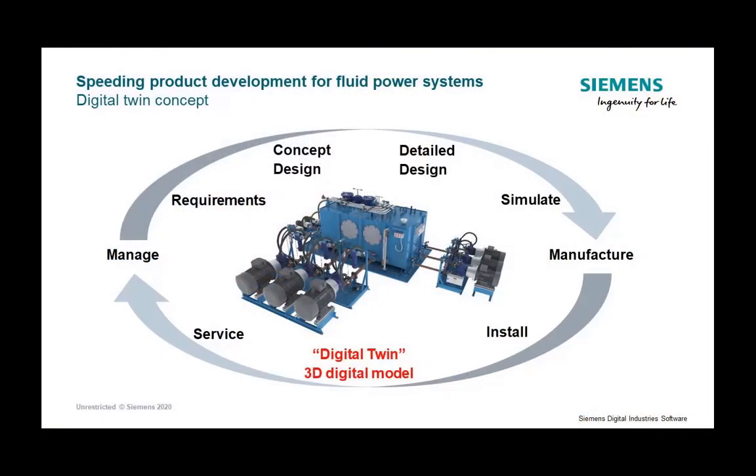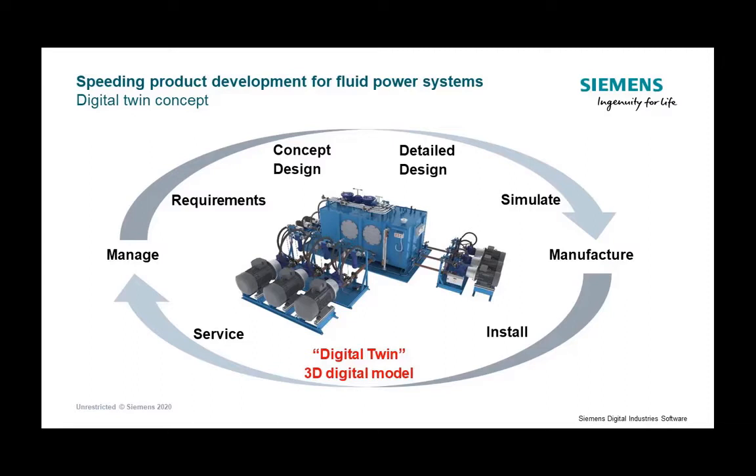Chad has talked about how everything that manufacturers do throughout the product development lifecycle is interconnected, and the consequent importance of managing requirements and deliverables as a single cohesive whole. He described this as maintaining a digital thread. From a Siemens perspective, we propose that the digital thread is supported by creating a digital twin.